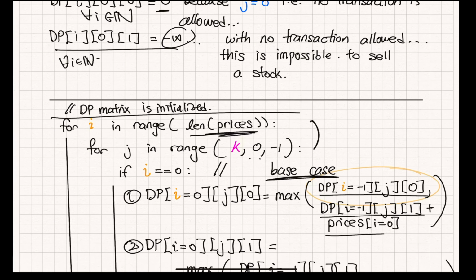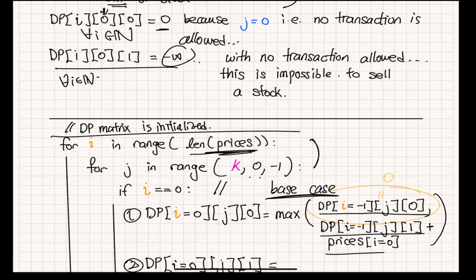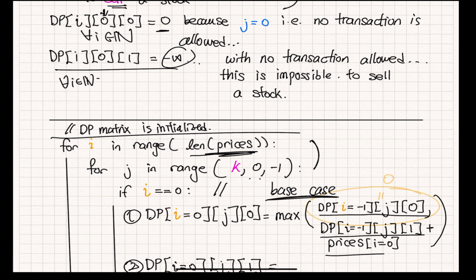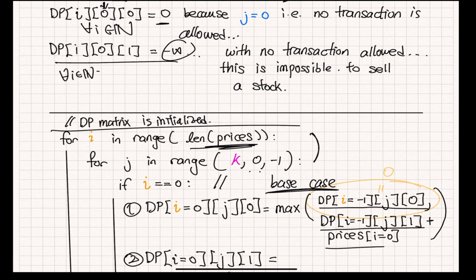So this is equal to 0, and dp of -1 comma j comma 1, that is negative infinity, right? So we use different colors. So that's this guy. So that would be negative infinity plus some price of 0.